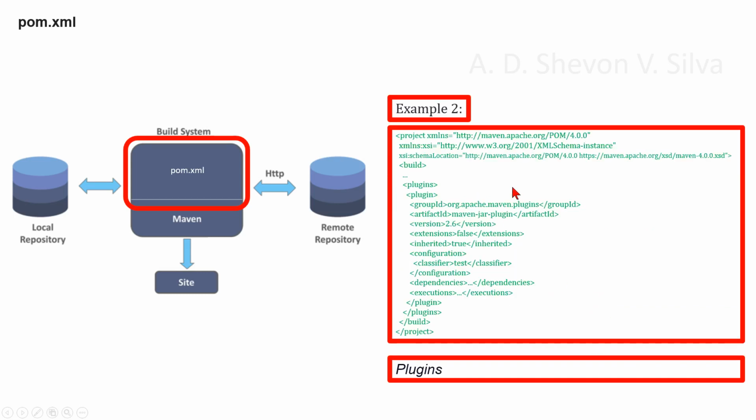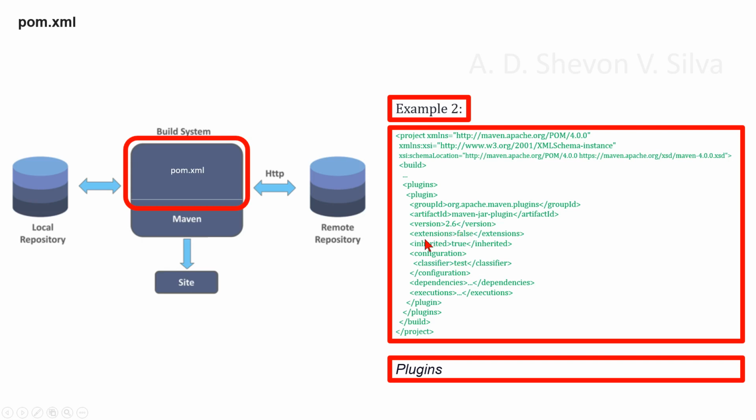As an example 2, we can consider this one, the plugins. Here, beyond the standard coordinate of group ID, artifact ID, version, there are elements which configure the plugin or how these builds interact with it.